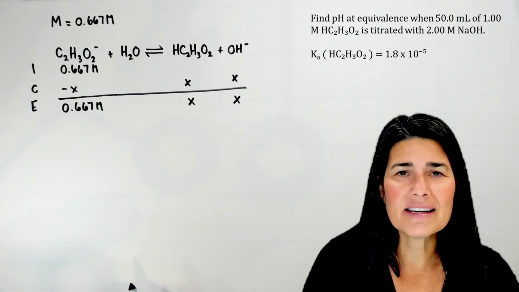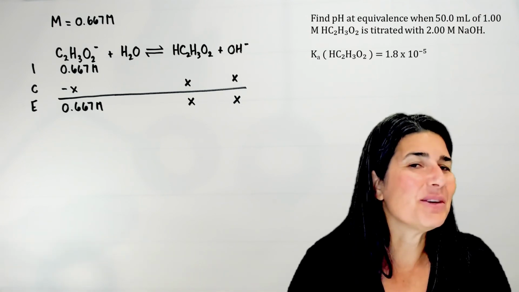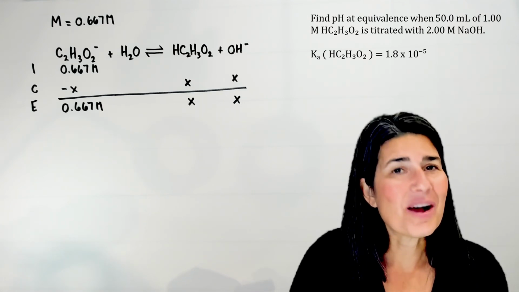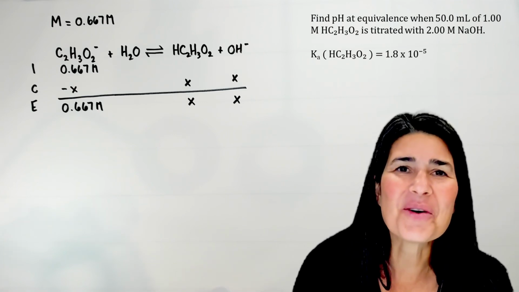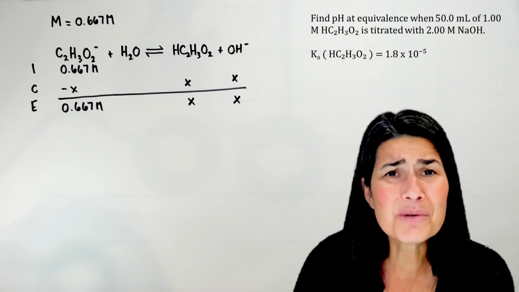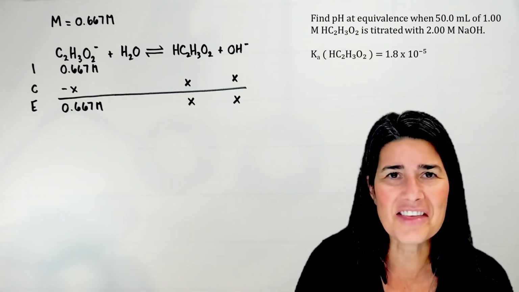All right, we have a weak base. We iced it, we need a KB. If you look in your problem, you don't have a KB, you have a Ka. So another step we have to take is to change that Ka into a KB. You know how to do all these steps individually. We're just putting everything together.